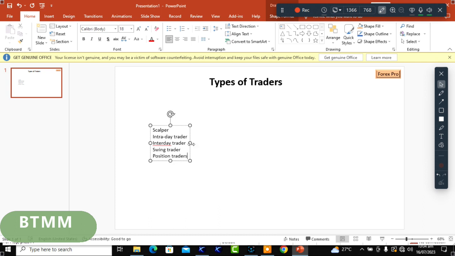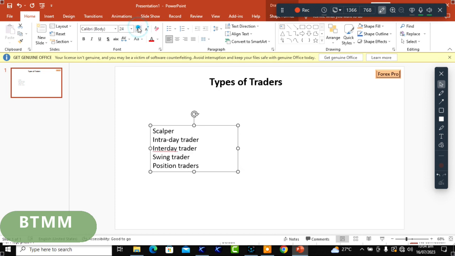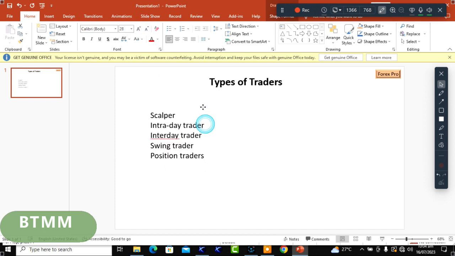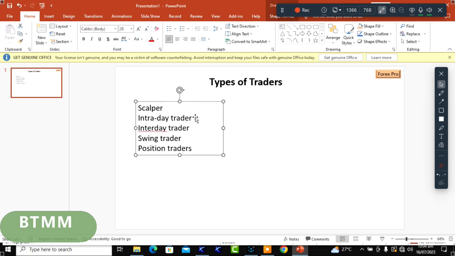Now these are the different types of traders you can think of in the forex market. You have the scalper, the intraday trader, the swing trader, and the position traders.